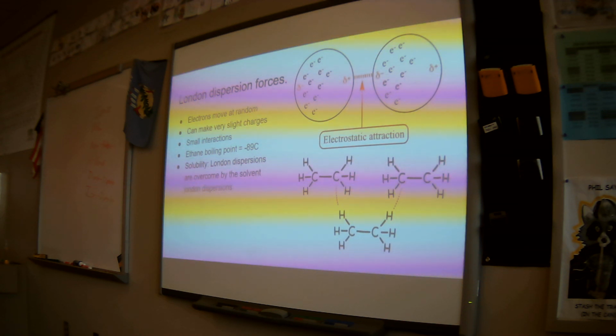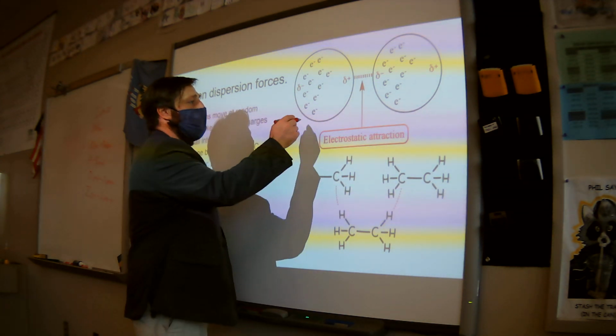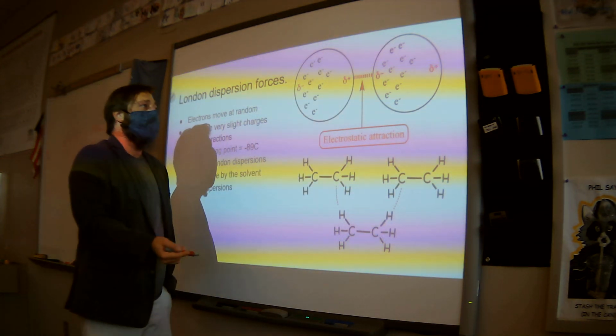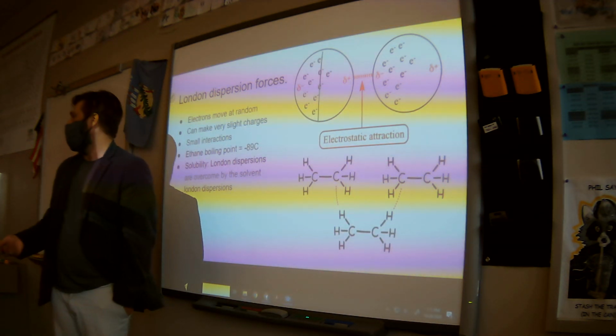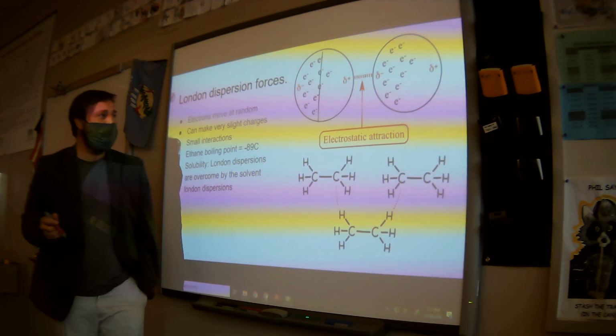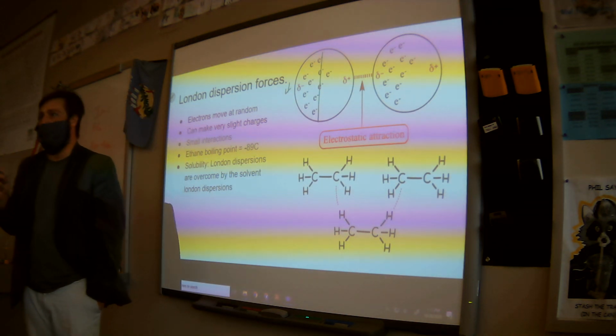Same thing happens with an atom. Electrons are flying around an atom, and then every once in a while, guess what? All the electrons just happen to be on one side. And when that happens, you have this really small, slight negative charge.